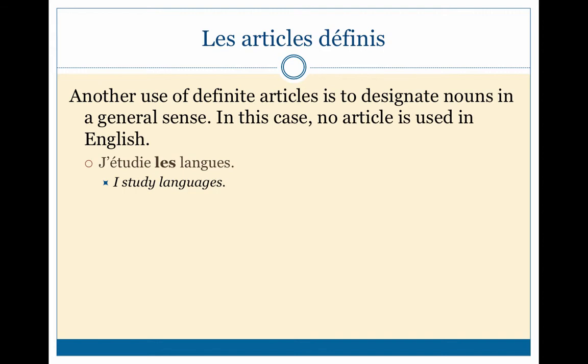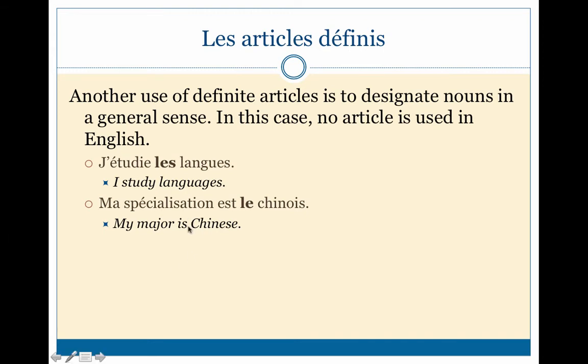So in English, we would say I study languages, whereas in French, we would say j'étudie les langues, the languages. And this is, again, another example of how we cannot translate exactly from French to English. It's also a great example of one of the biggest blunders that online translators make. Another example, ma spécialisation est le chinois. So you can see here in the English, we don't have to have the, but in French we do.